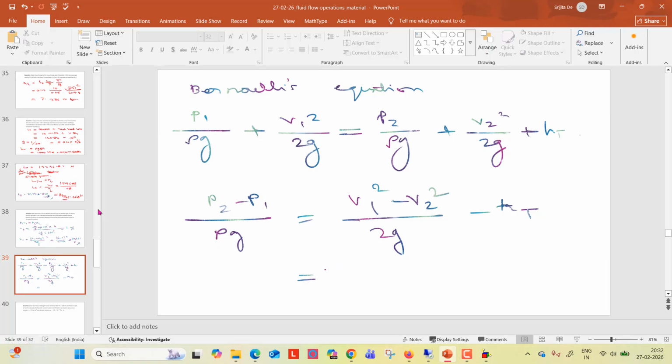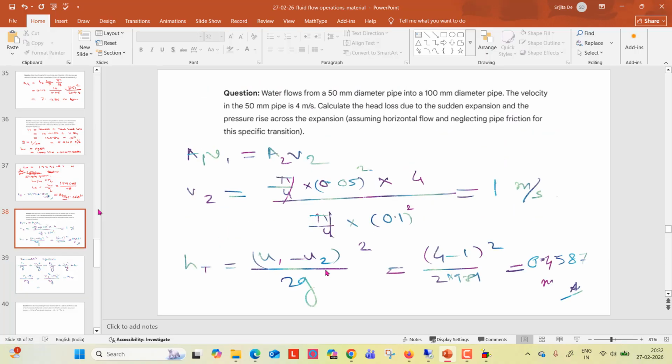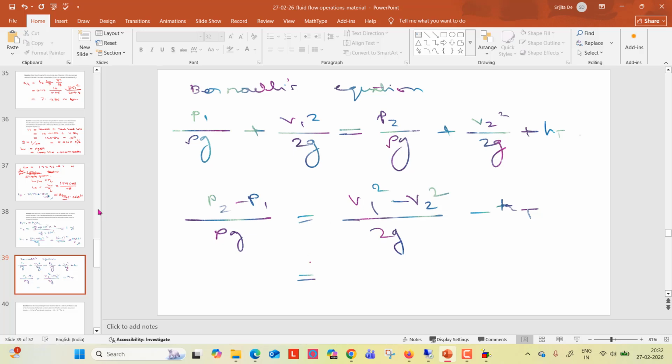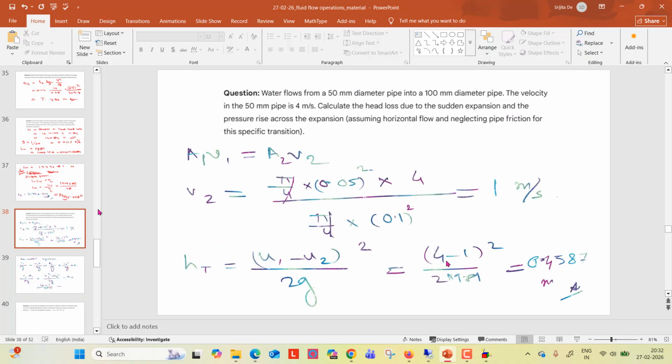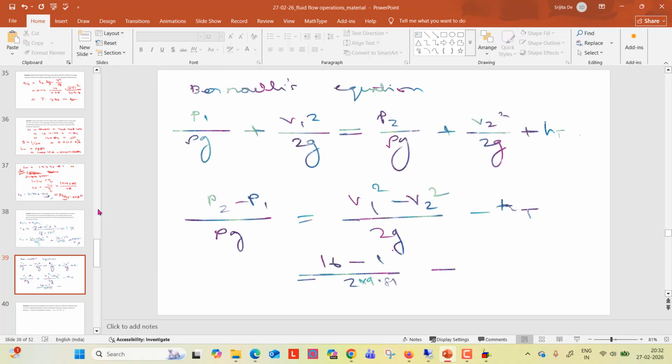V1 we know, right? V1 is 4, 4 square is 16, minus 1, by 2 into 9.81, minus hd which is 0.4587.